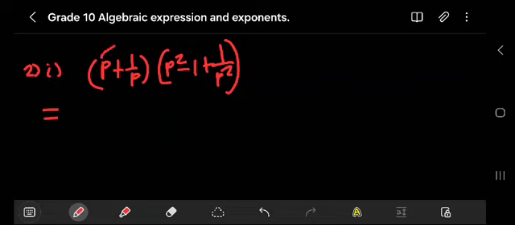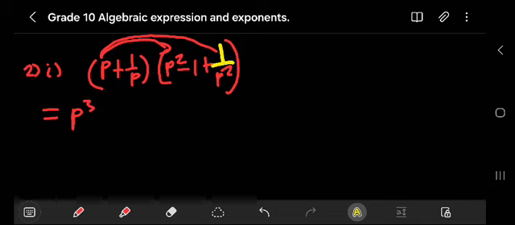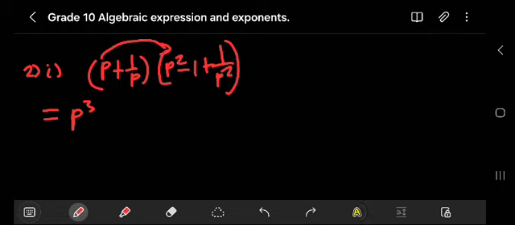You distribute, you multiply. Then p multiplied by p squared will be p raised to the power of 3. Then p multiplied by minus 1 will be minus p.